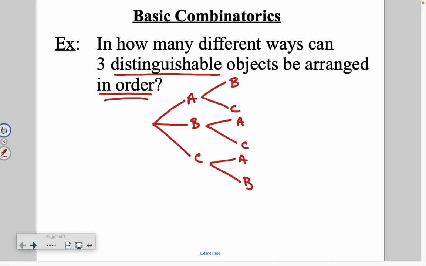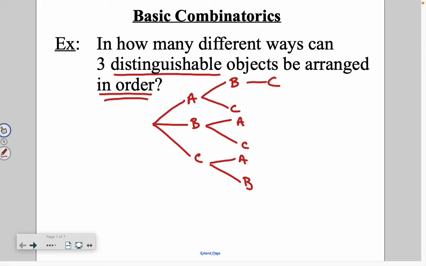Okay. Now if we finish this off, we've got the first two options, and then we'll put it all together. If the first object is an A and the second one is B, what's the only one left? C. There's one combination: A comes first, then object B, then object C. That's one permutation. Okay? That's one option.